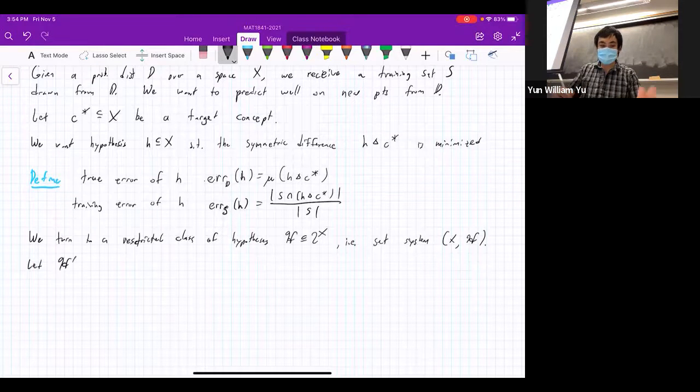So we're going to let H prime be equal to the set of the symmetric differences instead.